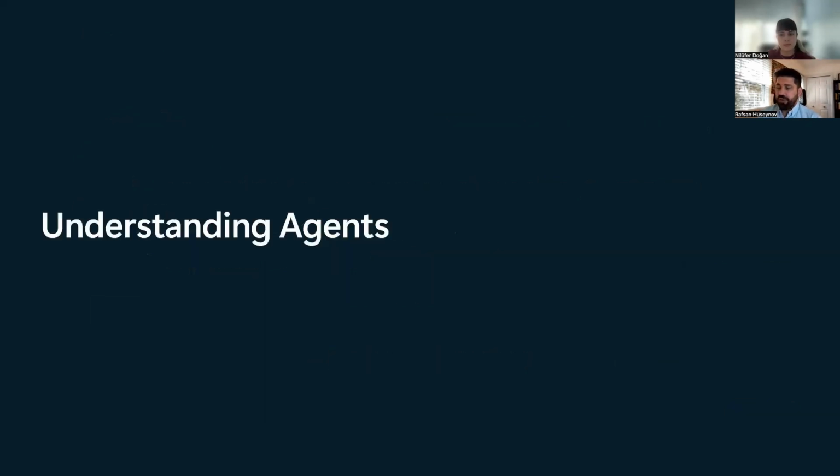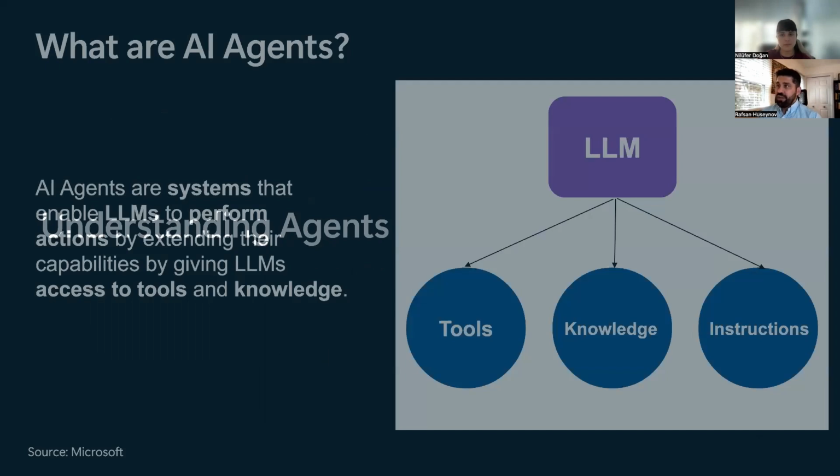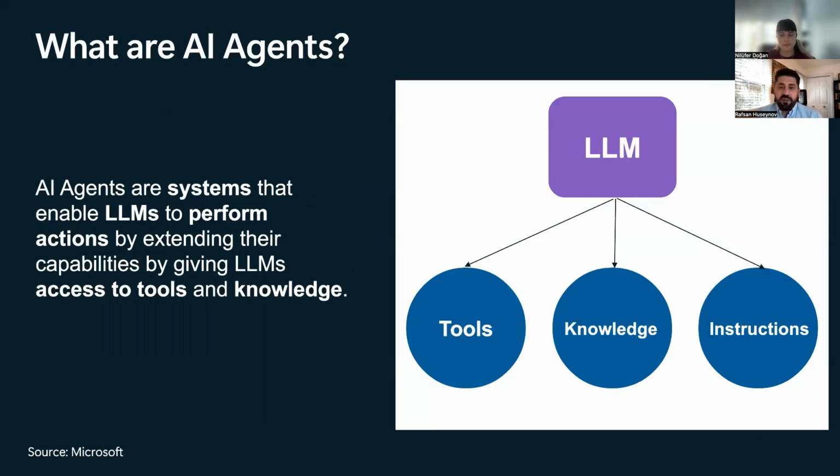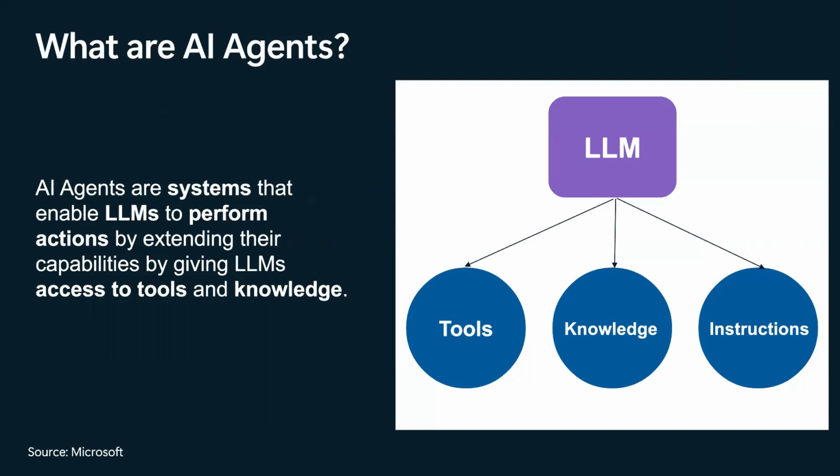So let's first understand agents, because you hear a lot. AI agents are basically software applications. Instead of using hard-coded logic, they use large language models to think, act, plan, etc. So let's say you use ChatGPT, Copilot, or any Gen AI tool.